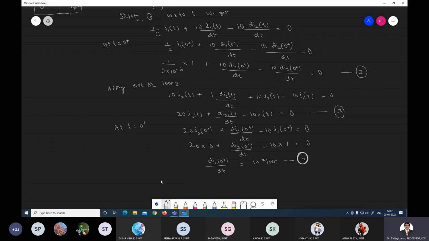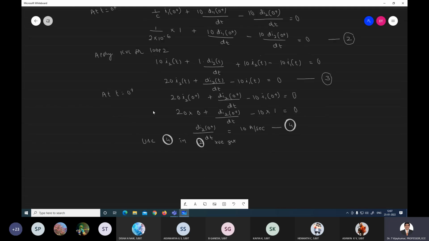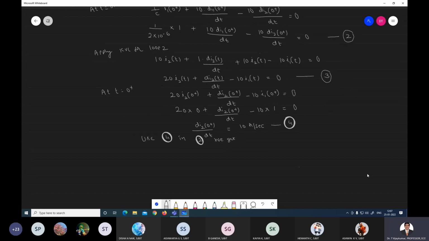Next, use equation 4 in equation 2. In 2, we get 1/2 into 10 to the power of minus 6 plus 10 into di1(0+)/dt minus 10 into 10 is equal to 0.